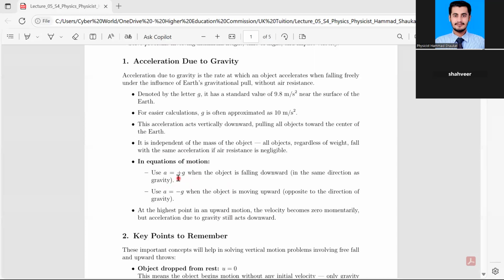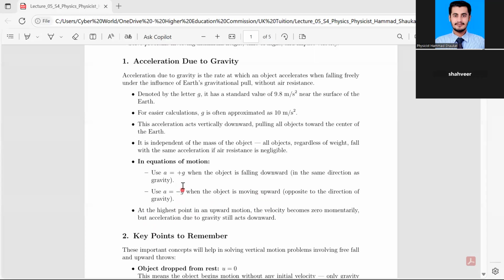We have to use positive g whenever your object is falling downward under the action of gravity. And whenever your object is moving upward, against the gravity, you have to introduce a minus sign. This is important. You have to understand.